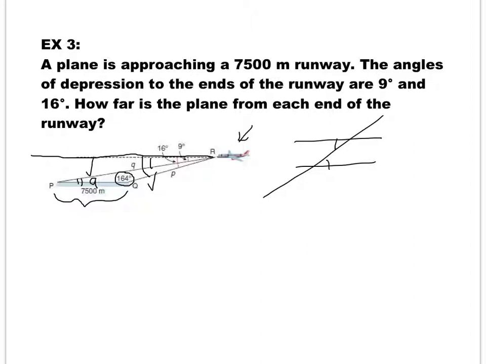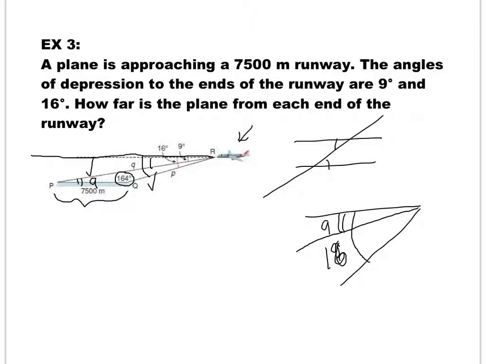The other way we can do it is that we can say that if I draw the diagram like this one, I know that this angle is 16 degrees. I know that this angle is 9 degrees.